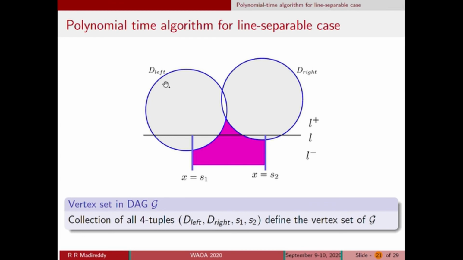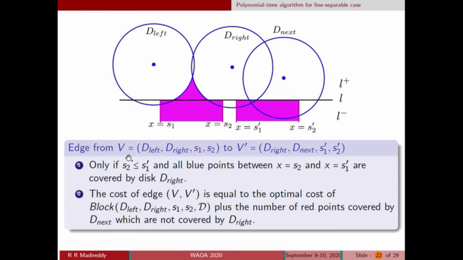So now we construct a new graph G, consisting of four entities, a four tuple d left, d right, s1 and s2. And we put edges between v and v prime if and only if s1 prime is greater than or equal to s2 and d right is common in both disks, both vertices.